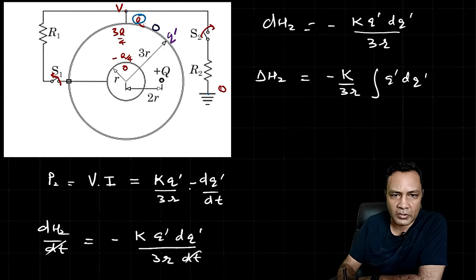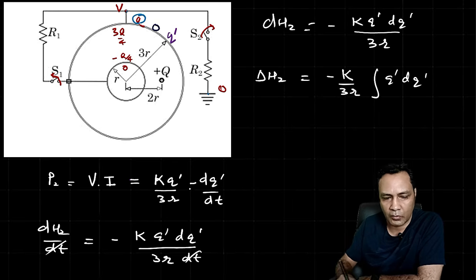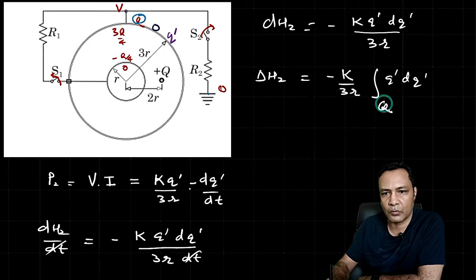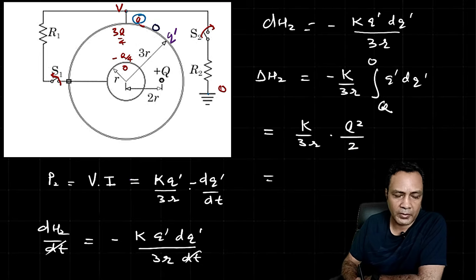Initial Q dash was capital Q, and when all the charge goes to the ground, Q dash will become 0. So it goes from capital Q to 0. So this integration would give K by 3R and Q square by 2. Let's put the value, go to next page.